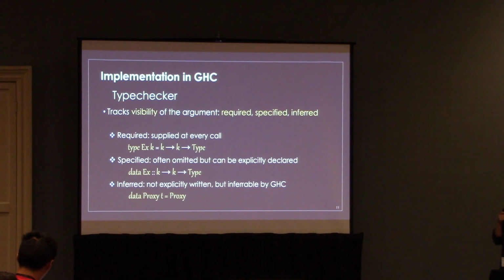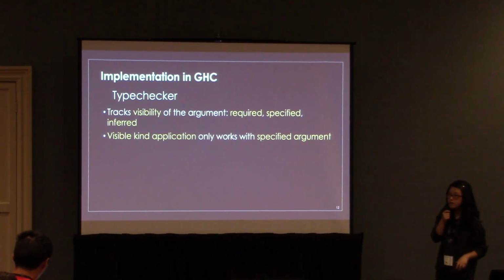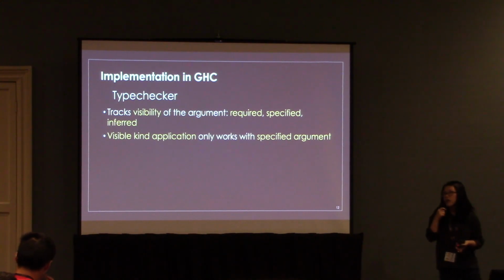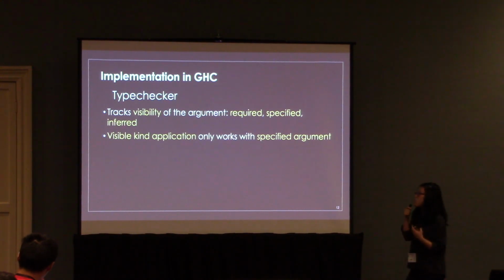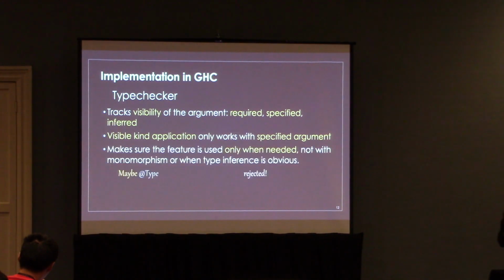So why do I care about this? I care about it because I only want visible kind application to work with specified arguments. If it's already required and you have to supply it anyway, I don't need it. And if it's already inferable by GHC, I also don't need it.